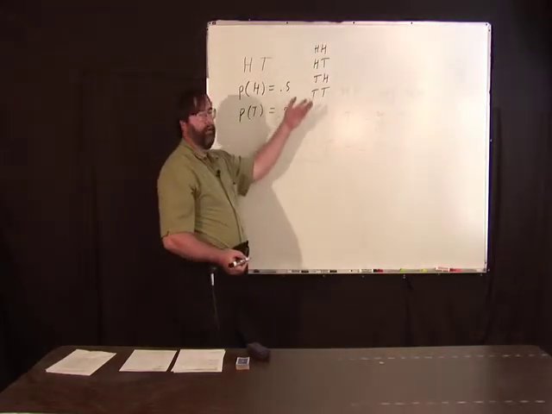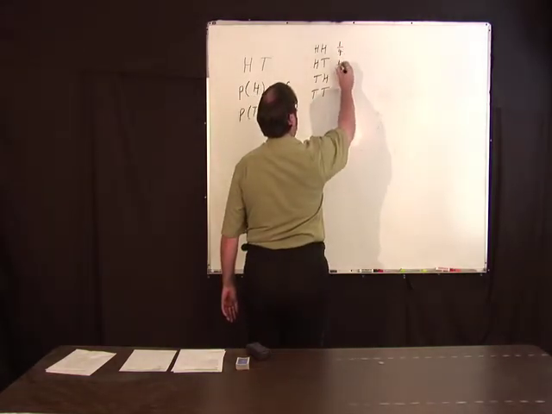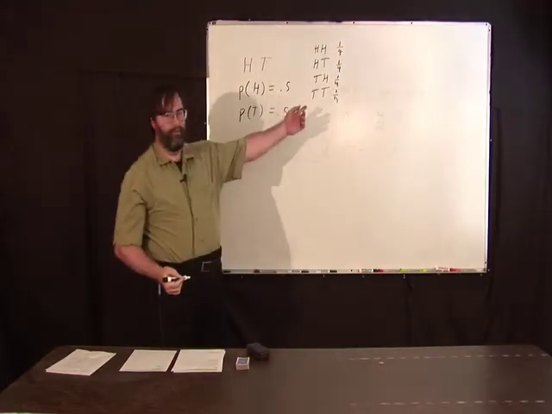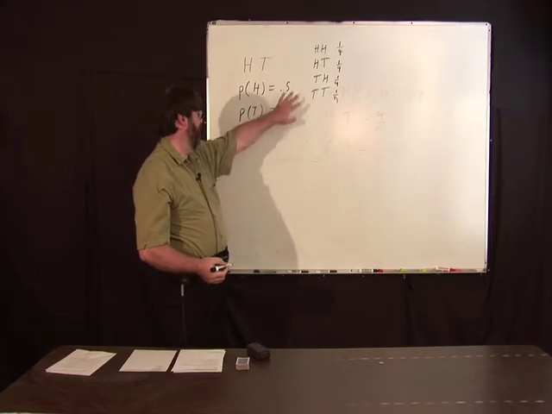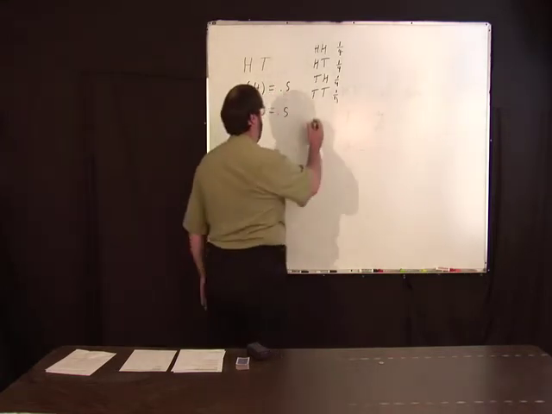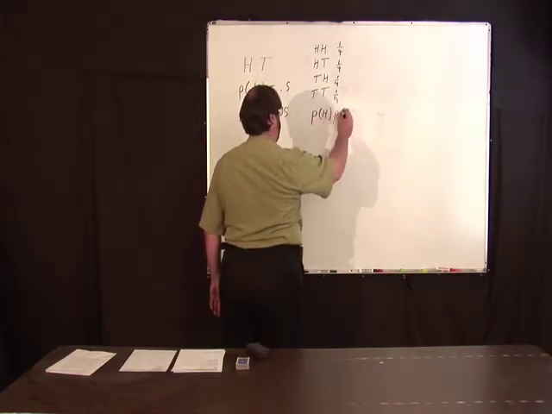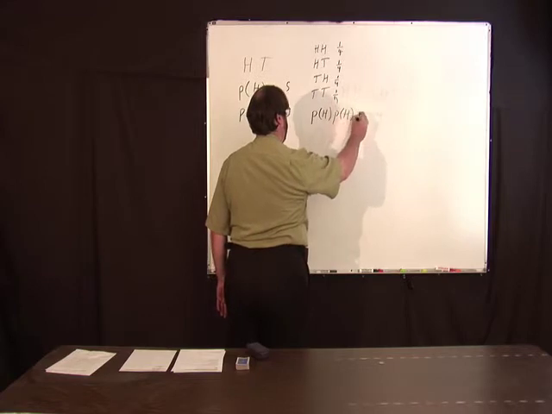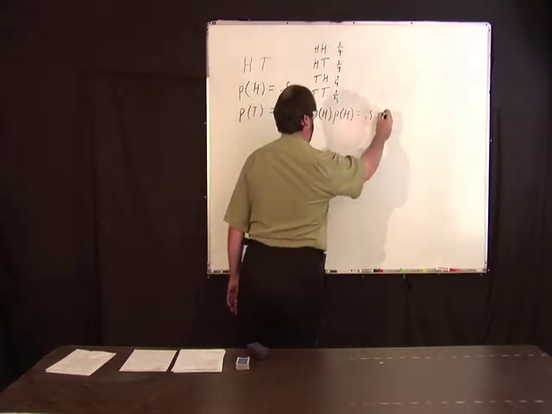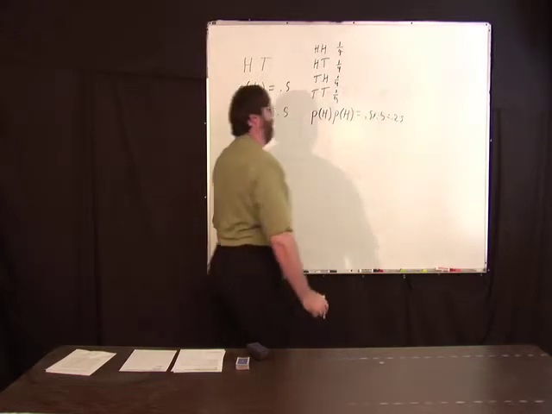So if all of these are equally likely, the probability of each of those events is 1/4. Well, for independent events, heads or tails, it's the probability of heads times the probability of heads gives you the probability of 2 heads, which is 0.5 times 0.5 equals 0.25, which is 1/4.